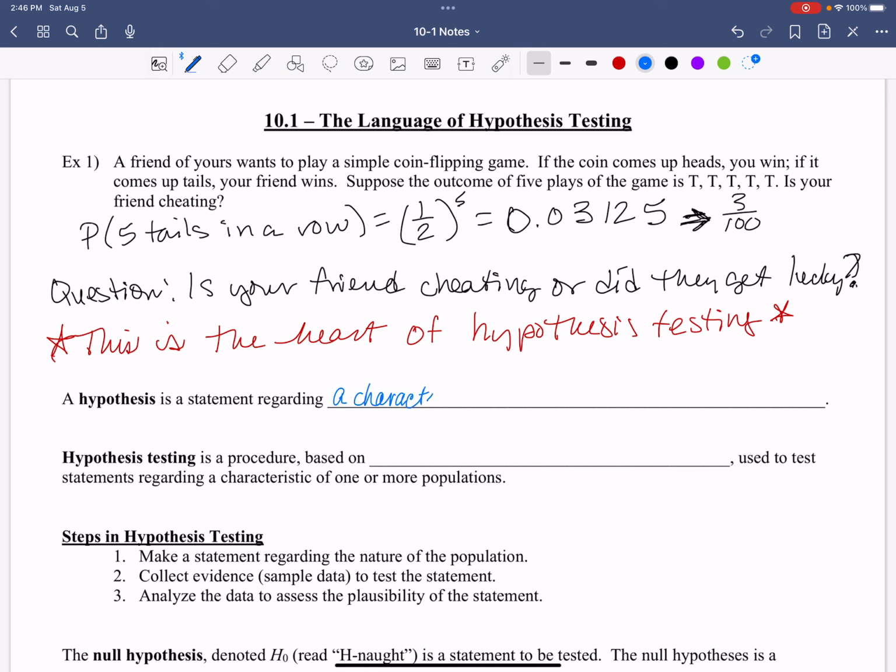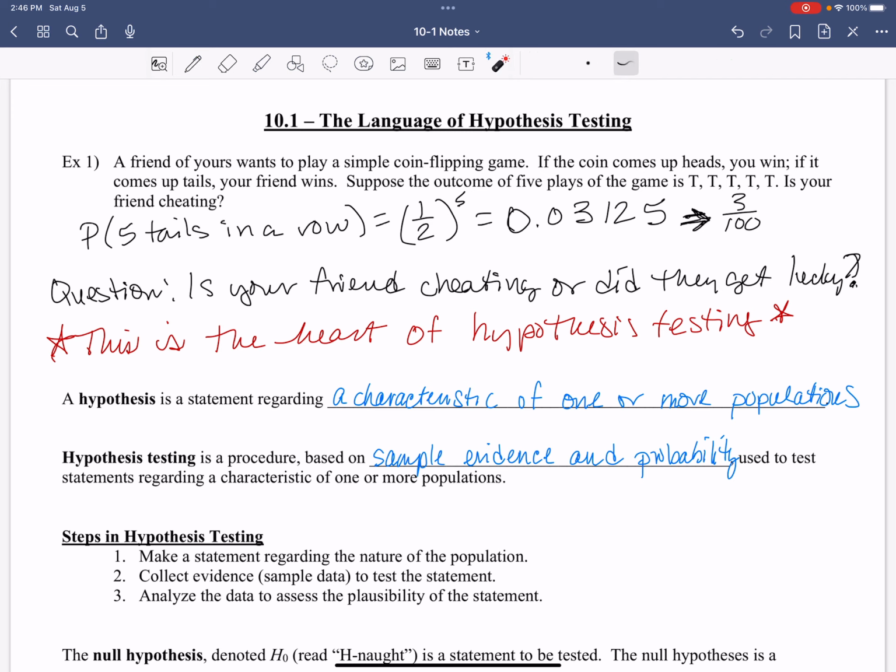If we're going to do testing, hypothesis testing is a procedure based on sample evidence and probability used to test statements regarding a characteristic of one or more populations.